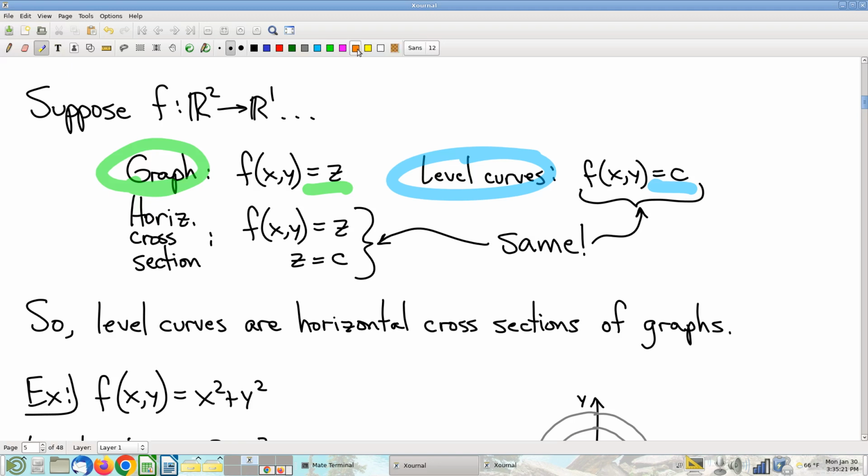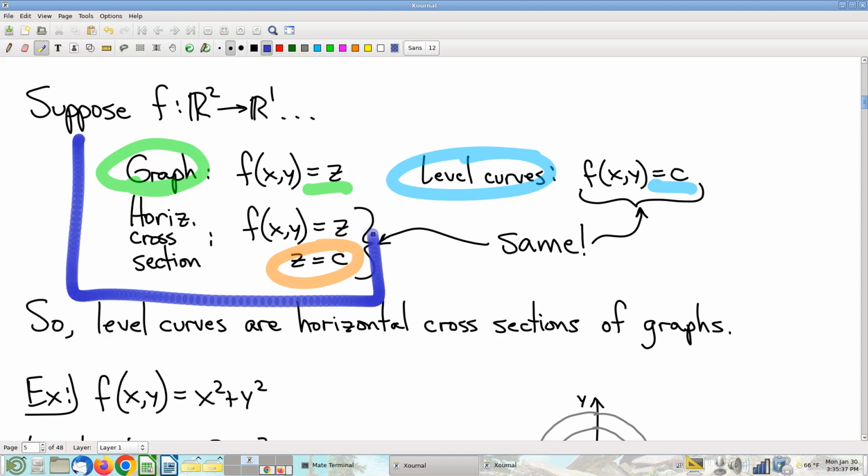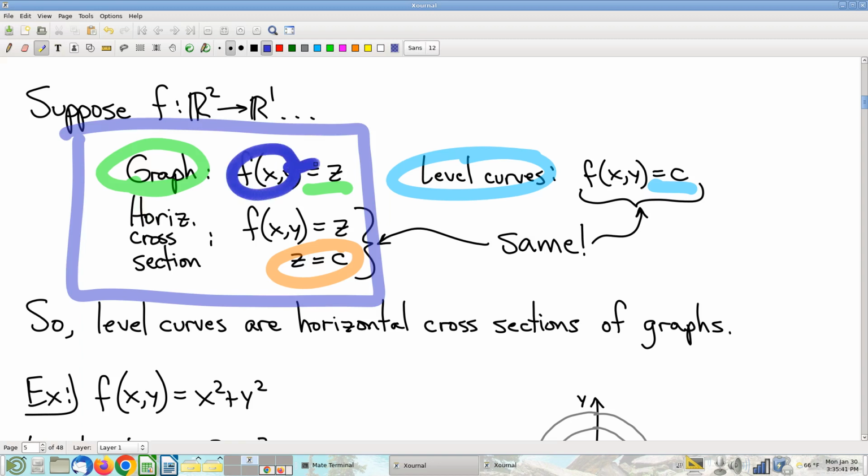But notice this. Having set the function equal to a new variable, if you then set the variable equal to a constant, altogether then, f equals z, z equals a constant.